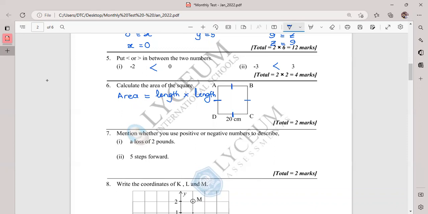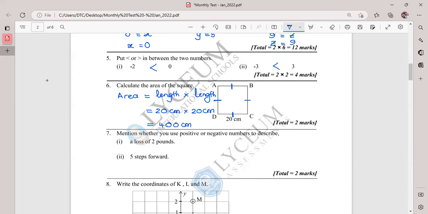Out of these special quadrilaterals, this time they have given the square, and you want to find the area of the square. What is the formula? Length multiplied by length. So here it is 20 centimeter multiplied by 20 centimeter. What will be the answer? 20 times 20, it is 400.